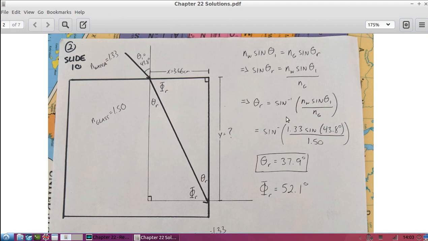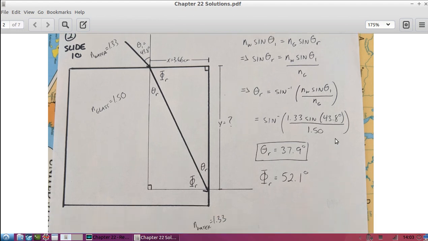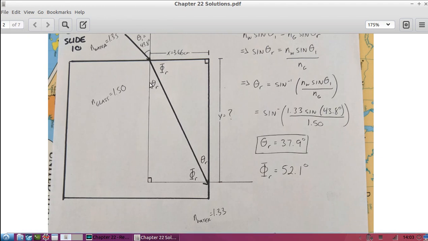So now I'm ready to plug my values in here. 1.33 for water, 1.5 for glass, and 43.8 degrees for the incident angle. When I calculate that, the first refracted angle right here is 37.9 degrees.